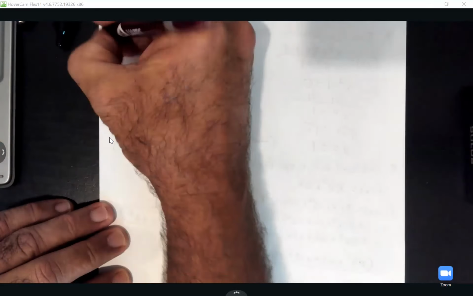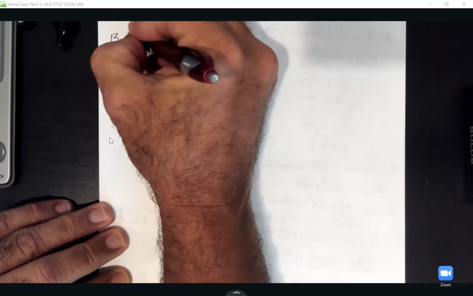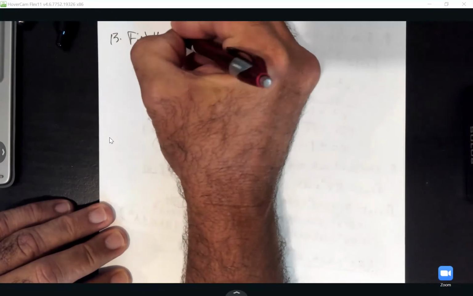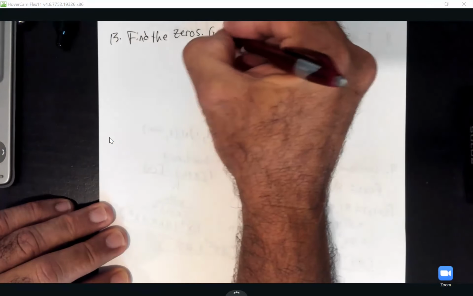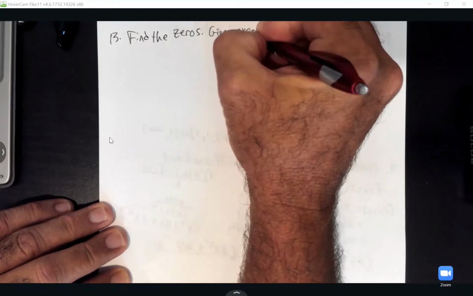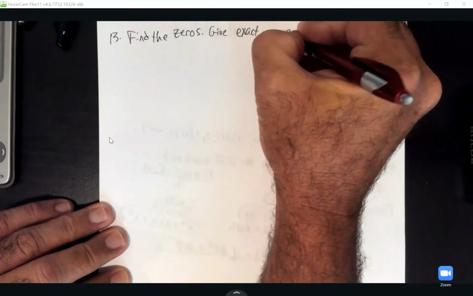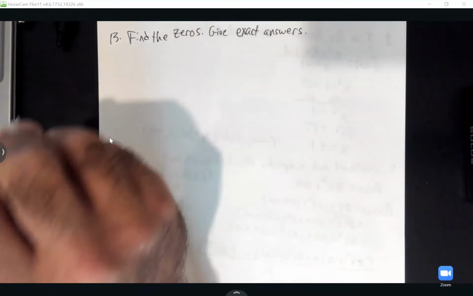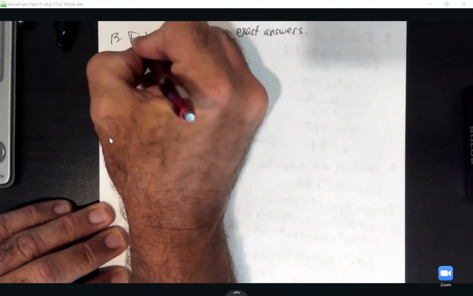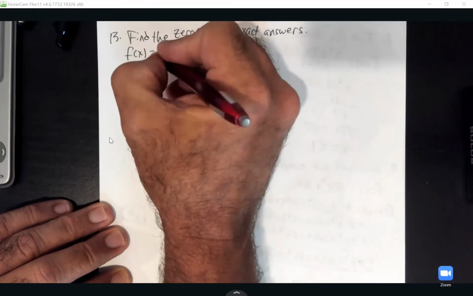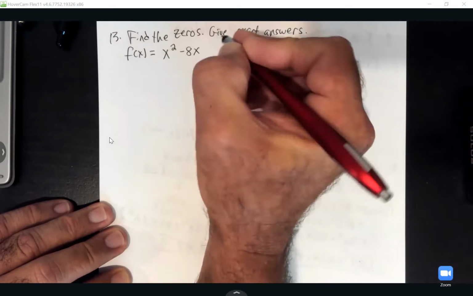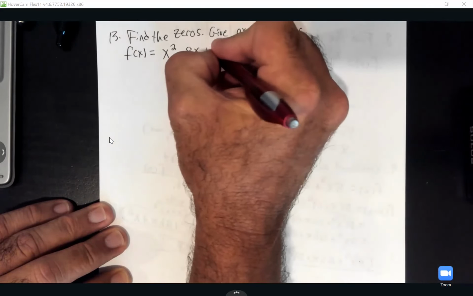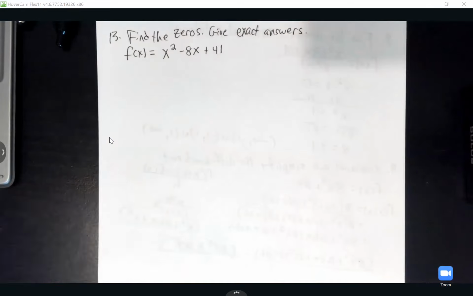All righty, so 13 wants me to find the zeros, and it says give exact answers. And y'all, they're giving us f of x equals x squared minus 8x plus 41.